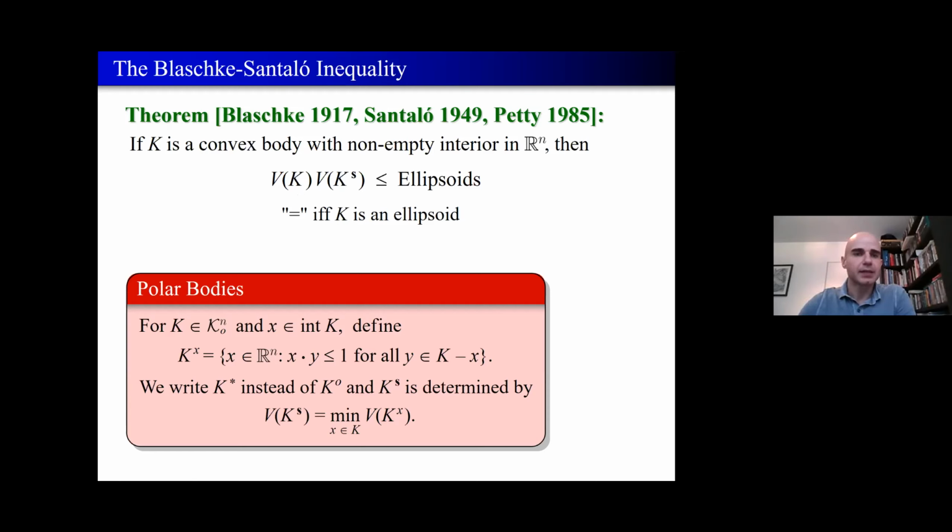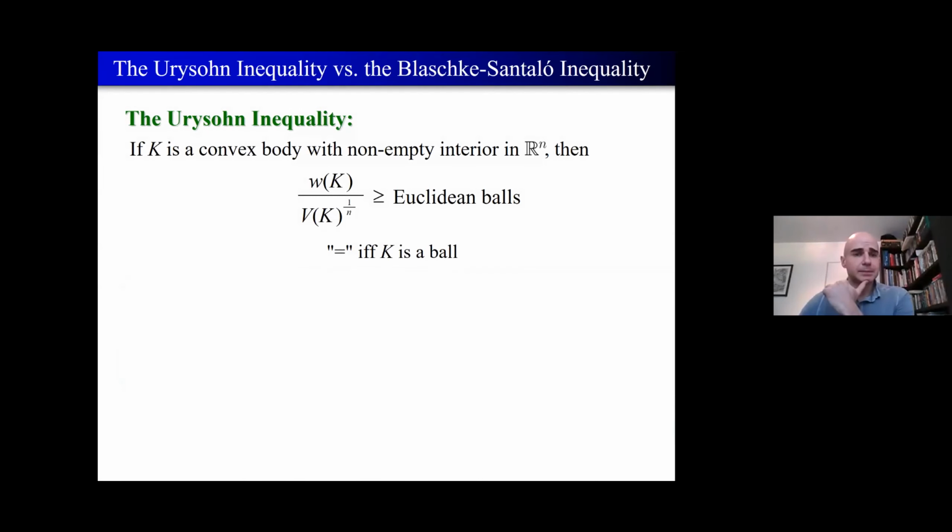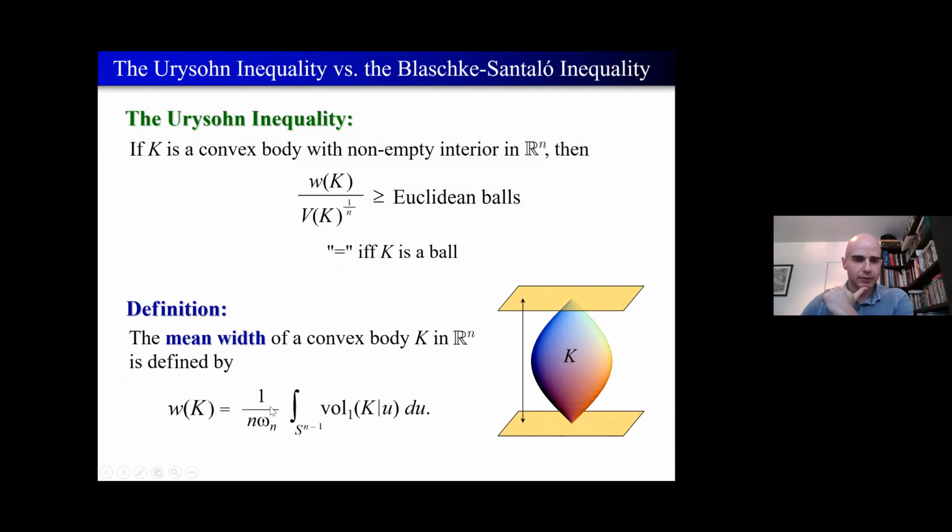And in the case of the Blaschke-Santaló inequality, one example of such a Euclidean inequality that is a consequence of the Blaschke-Santaló inequality is Urysohn's inequality. And I want to spend a little bit of time explaining this in more detail. So we have the classical Urysohn inequality, which is an inequality between the mean width of a convex body K, which I have recalled down here.